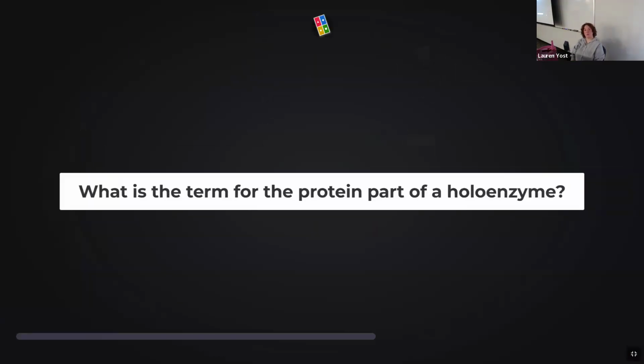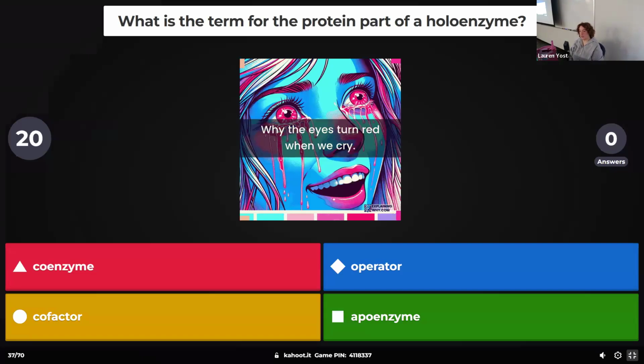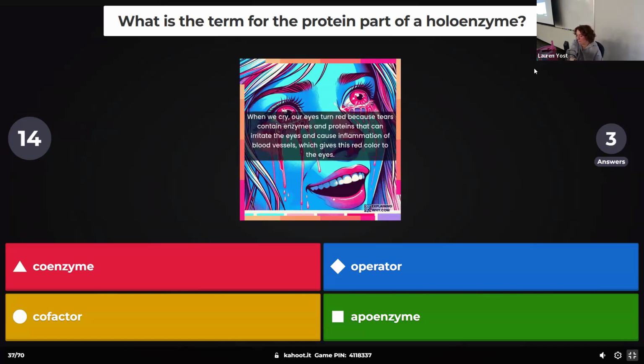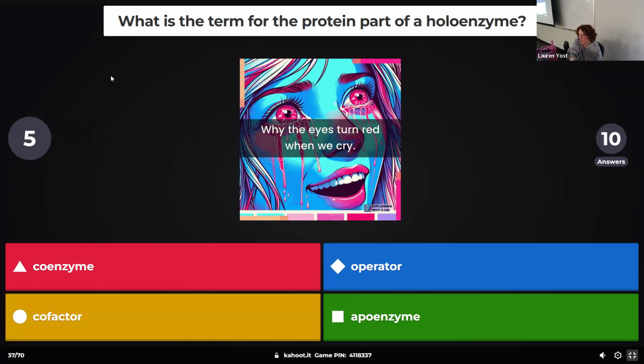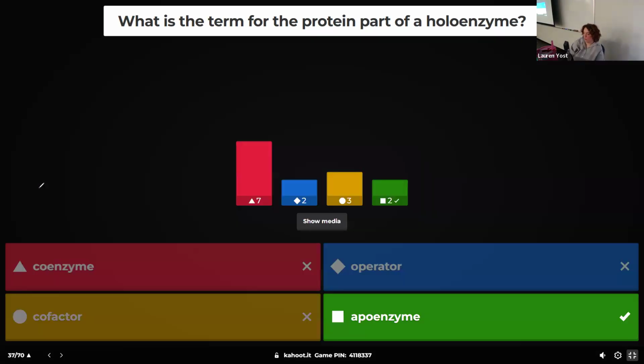What is the term for the protein part of a holoenzyme? Righty, it's called apoenzyme.